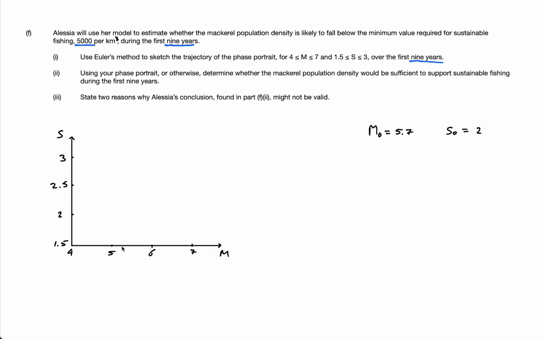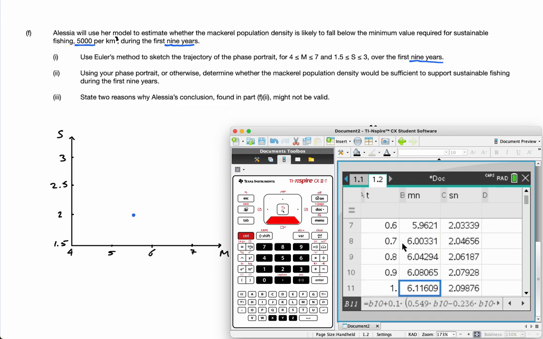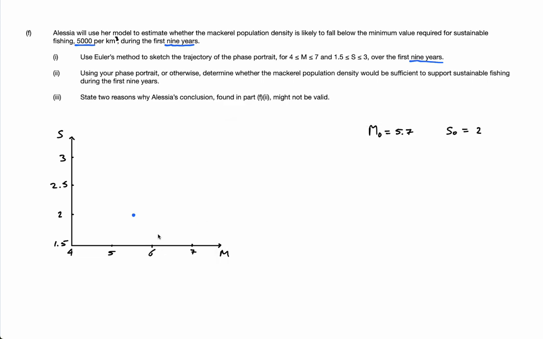So the 5.72 is going to be something like that. Next point, we go to t is 1, 6.1, and 2.1. So that's 6.1, 2.1, a little bit of increase in both the mackerel and the sharks.